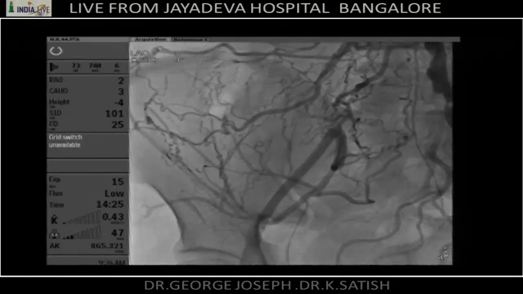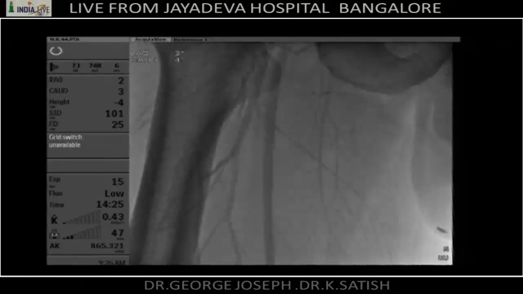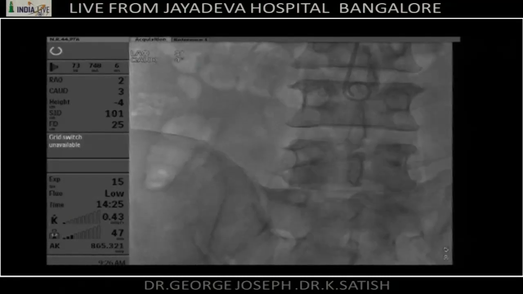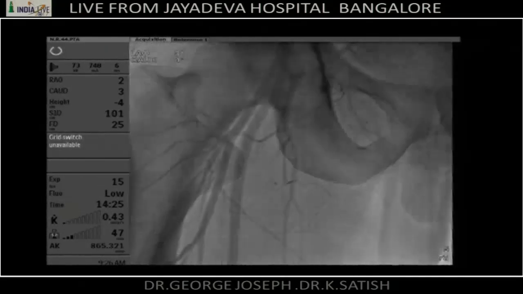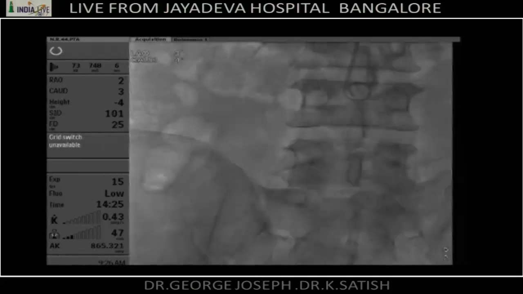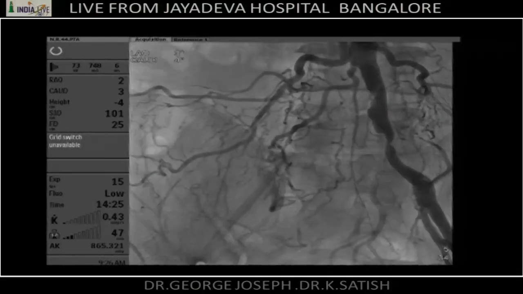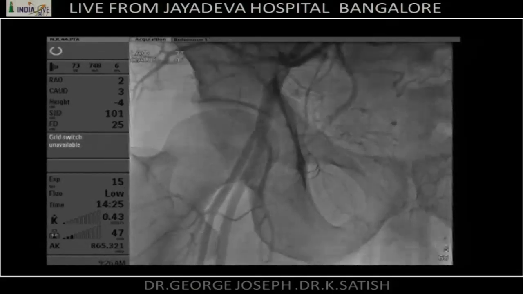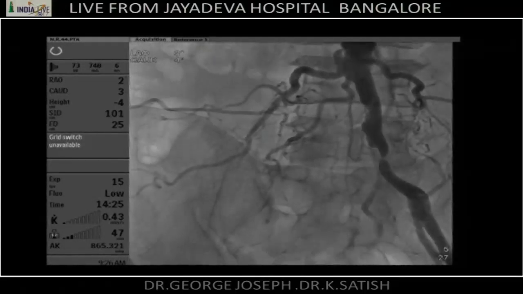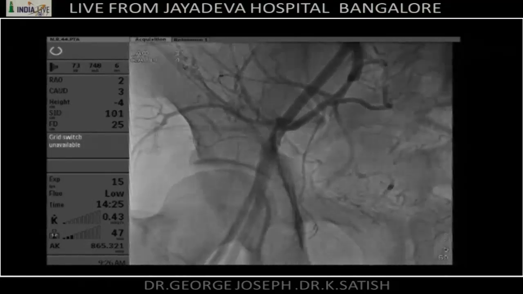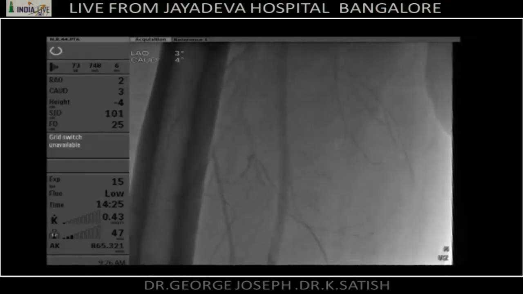The superficial femoral and external iliac are all okay. Below knee on the CT was okay, and the symptoms are worse on the right. So he has popliteal and tibioperoneal trunk disease on the left, in addition to the bilateral iliac disease.